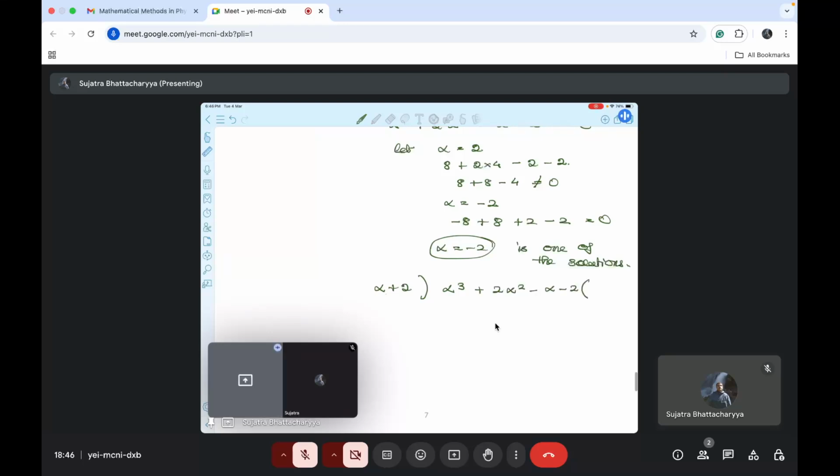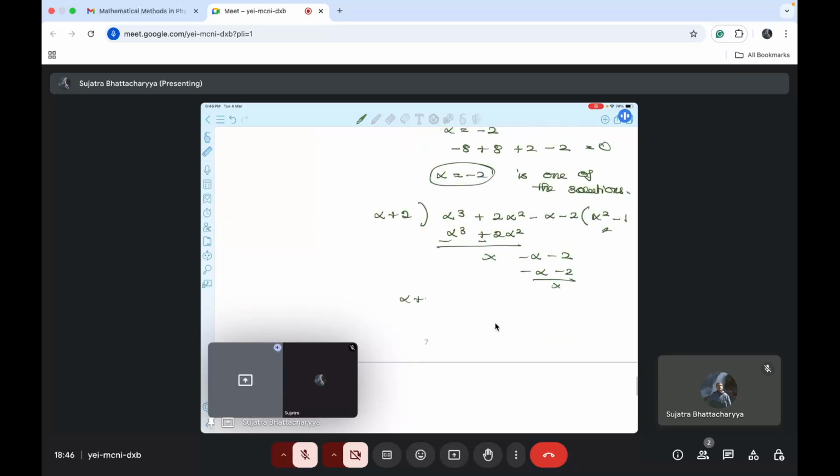So alpha cube plus 2 alpha square, minus, this becomes 0. This becomes minus alpha minus 2, and just minus 1 if you put, this becomes minus alpha minus 2. So alpha square minus 1. So (alpha plus 2)(alpha plus 1)(alpha minus 1) equals 0. Therefore, alpha is equal to minus 2, minus 1, 1.